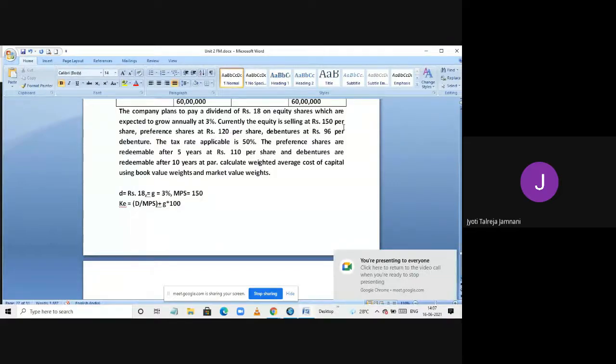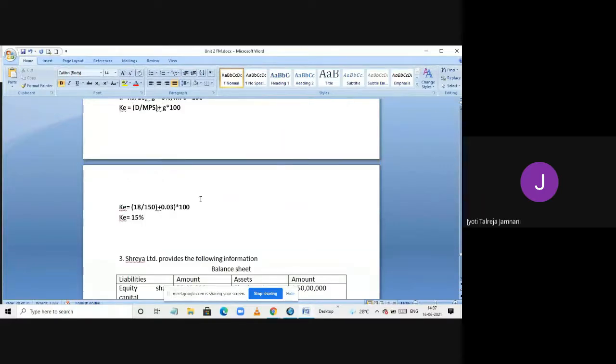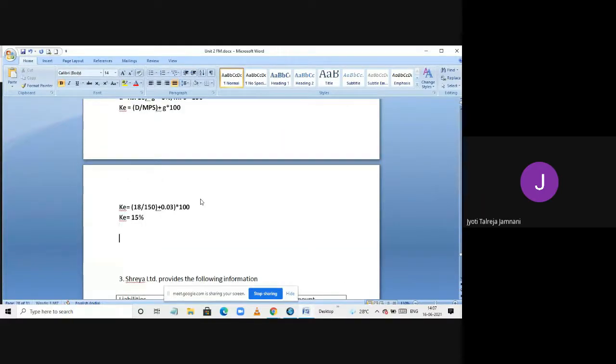They've started talking about the preference shares. Preference shares at rupees 120 per share. So this is the market price of preference shares. We can also call it net proceeds for preference shares.